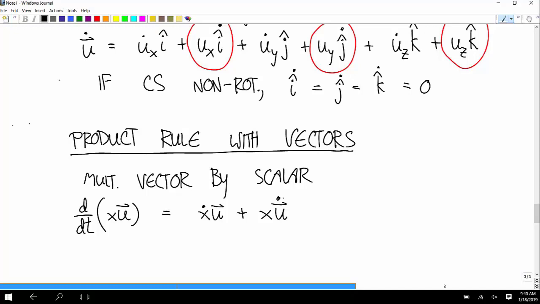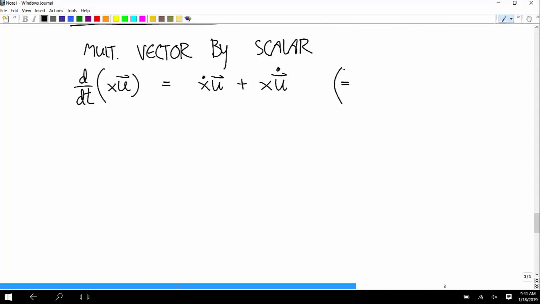The thing that's going to be an issue in one of these cases, only one of them, is that with scalars, order doesn't matter. So this is also equal to x dot u plus u x dot. But don't think that way.